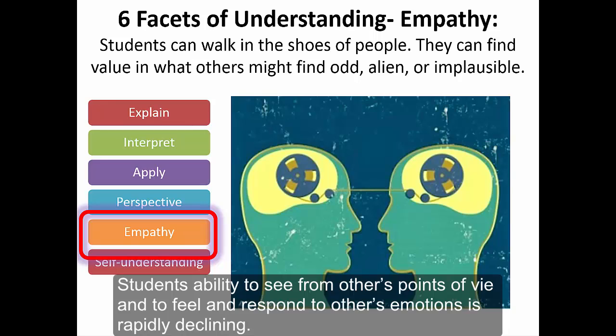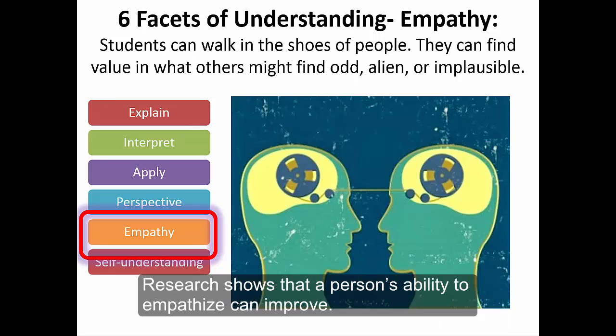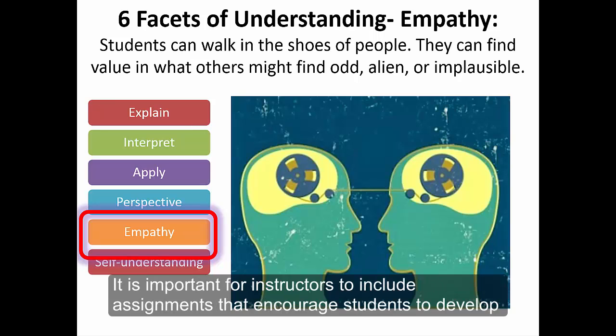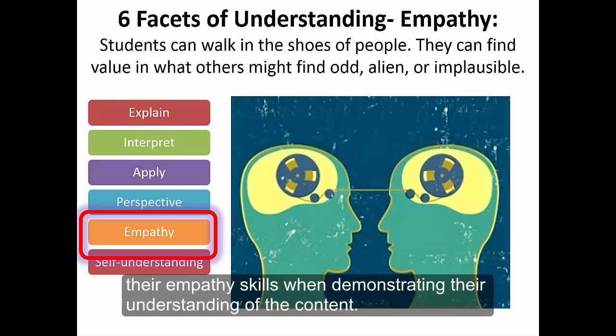Students' ability to see from other points of view and to feel and respond to others' emotions is rapidly declining. Research shows that a person's ability to empathize can improve, so it's important for instructors to include assignments that encourage students to develop their empathy skills when demonstrating their understanding of the content.